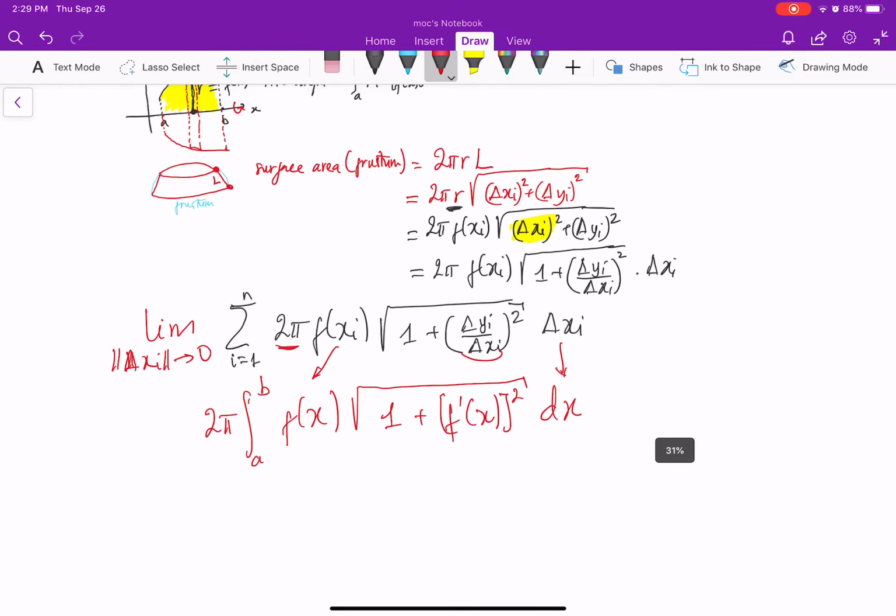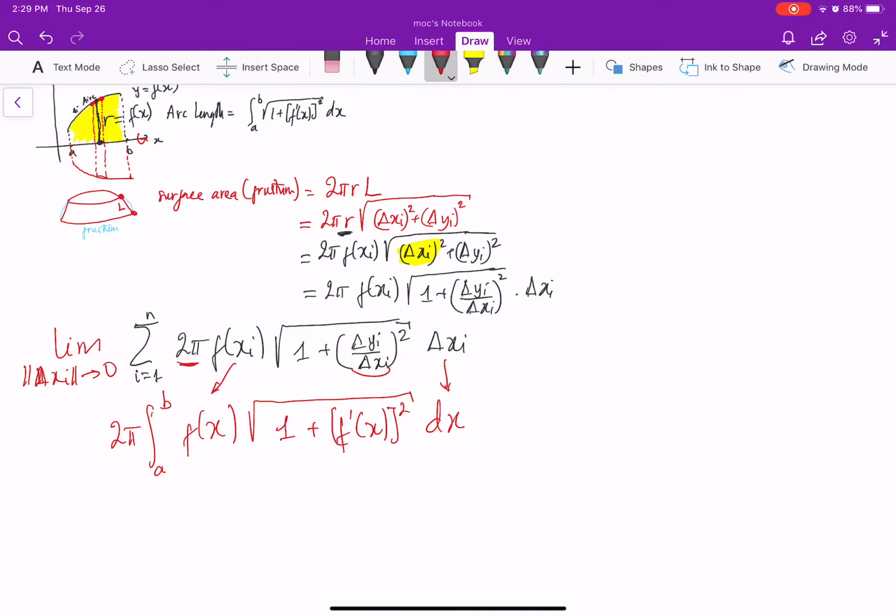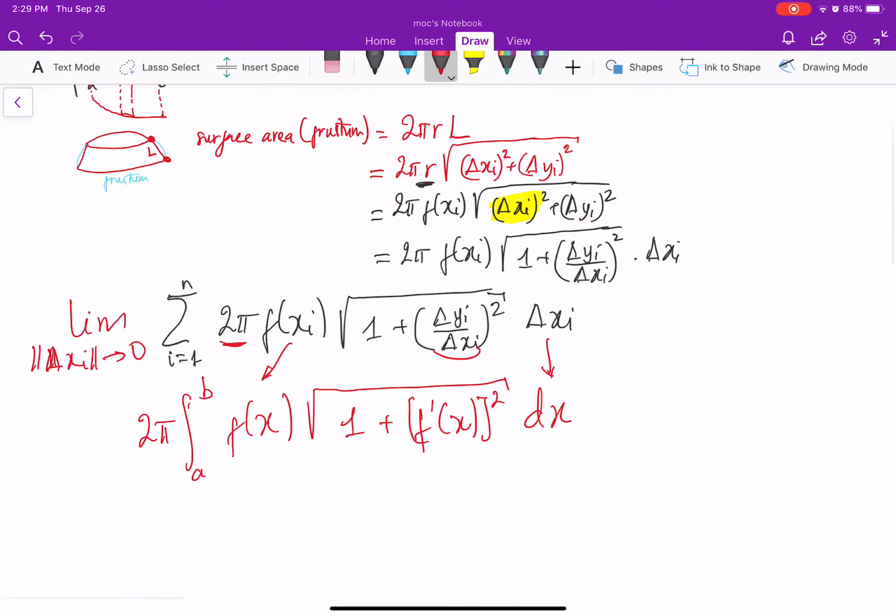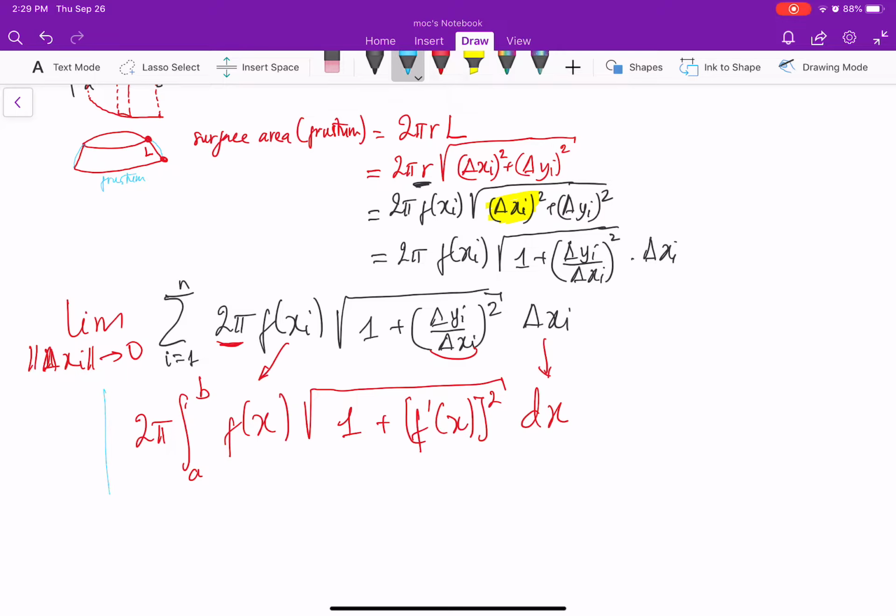And that is the formula for the surface area. So now we will use this formula to solve a couple of problems.